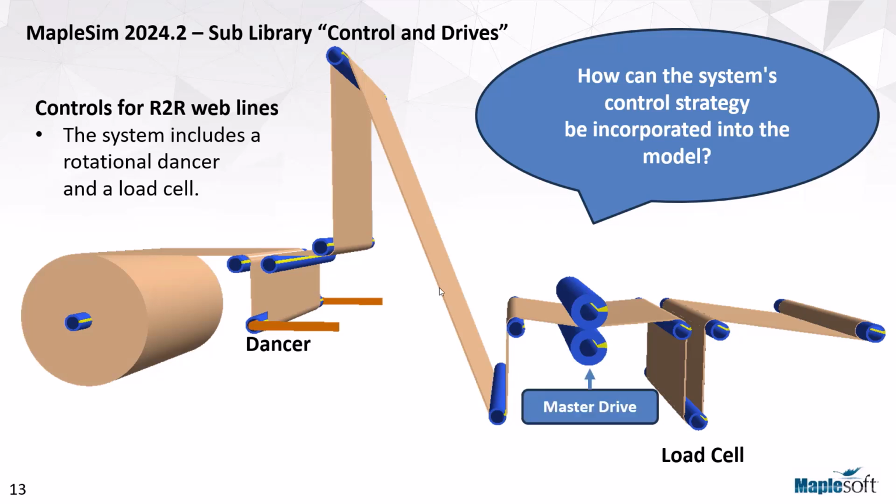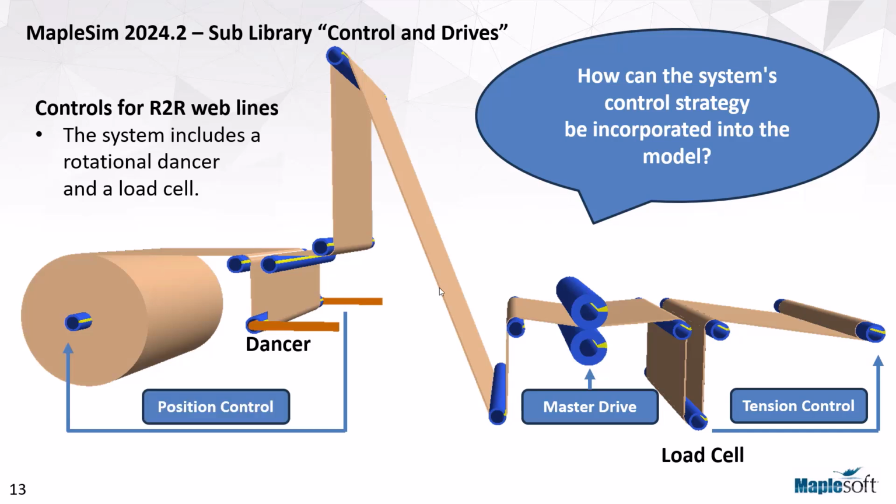We need a master drive definition for the web line speed. We need tension control with a measurement from a load cell, for example, and maybe we need a position control from a dancer feedback to control the unwinder.